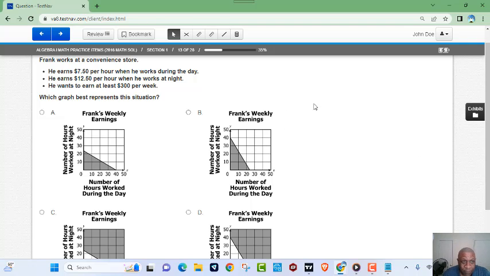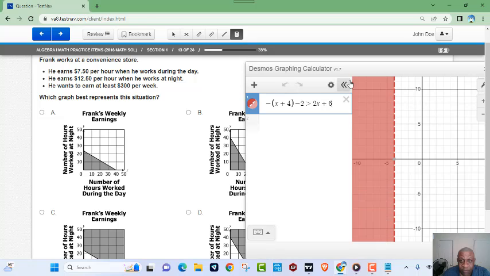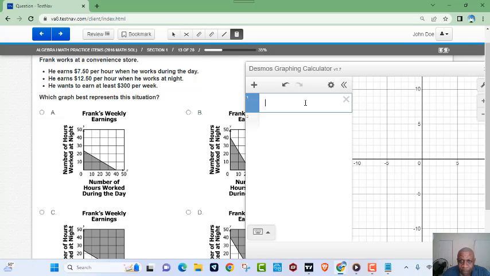And this is how we'll do it. He wants to earn at least $300 per week. If he works during the day, he gets $7.50 per hour. So let's just pull up Desmos real quick. If he wants to make $300 at $7.50 an hour, he'd have to work 40 hours if he only worked day hours, right?